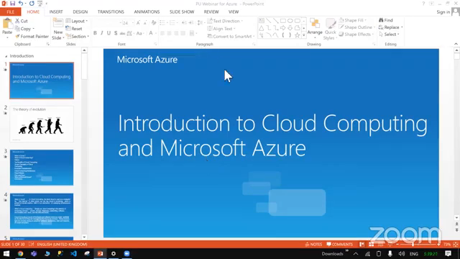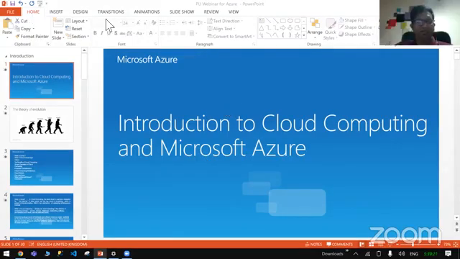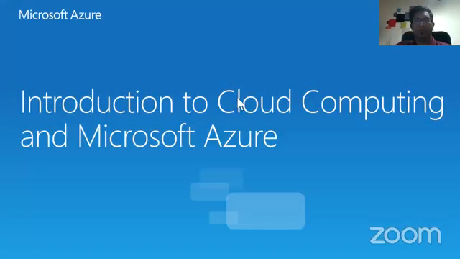Let me go to the presentation. Can you just confirm what the audience is, which semester? Is it freshers, first semester, or second, third? So that I have at least some idea.